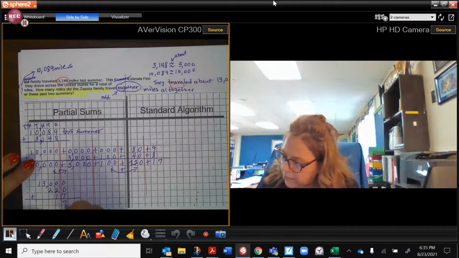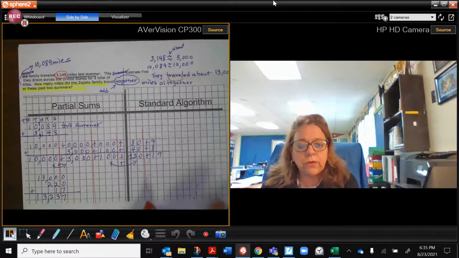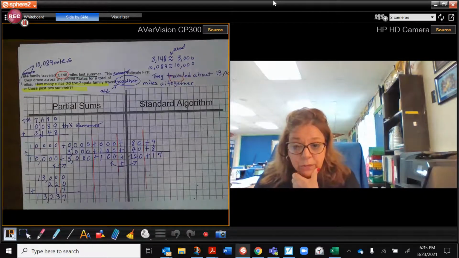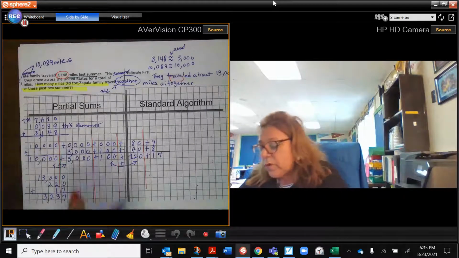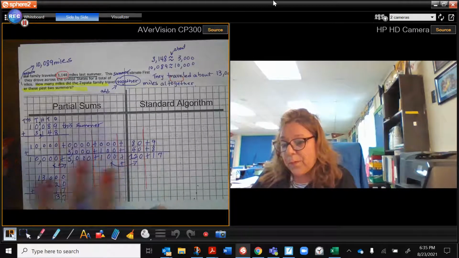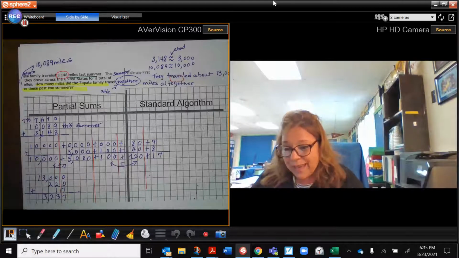So that's 7, 2, 3, 2, 3, and 1. So 13,237. Now let's see if we're good. So let's go to the standard algorithm. And again, we normally wouldn't add this way, but sometimes you're going to see it spelled out that way.